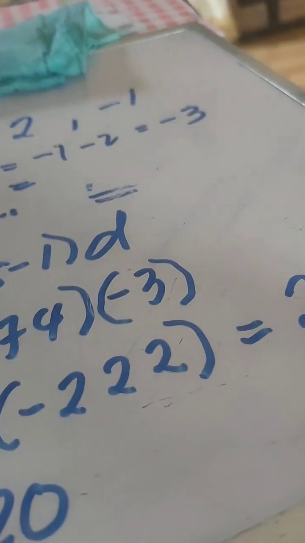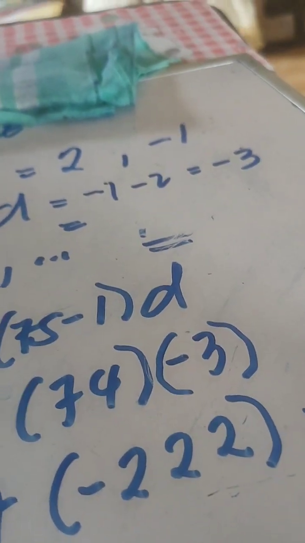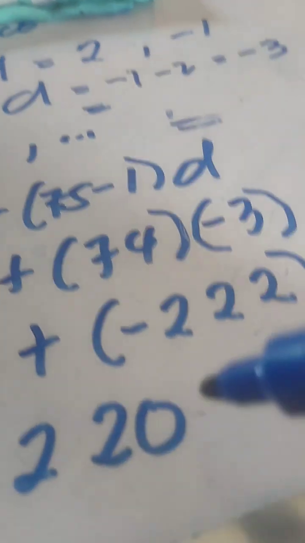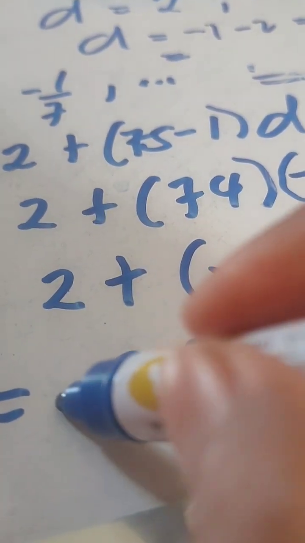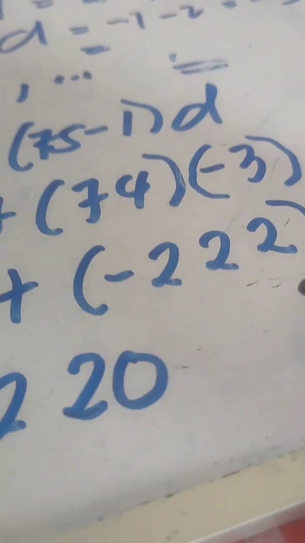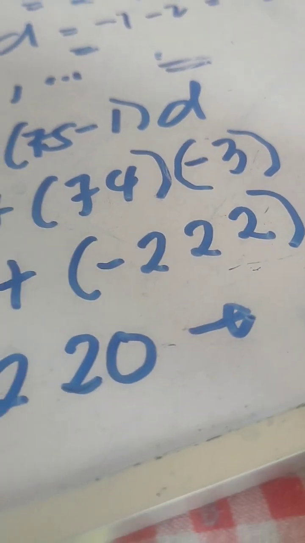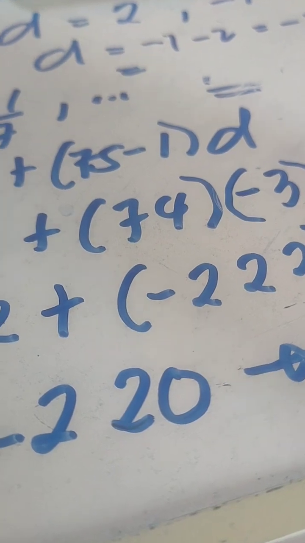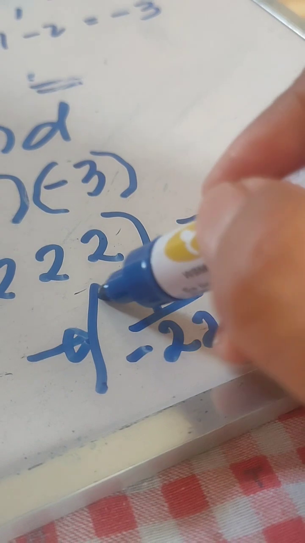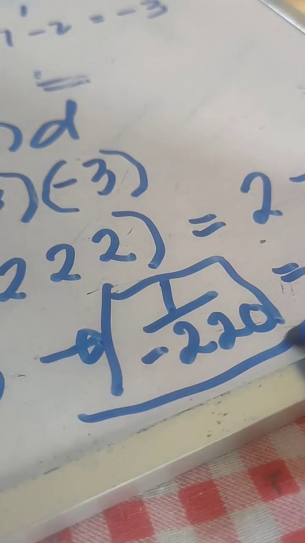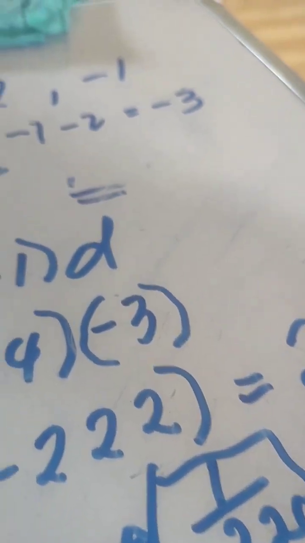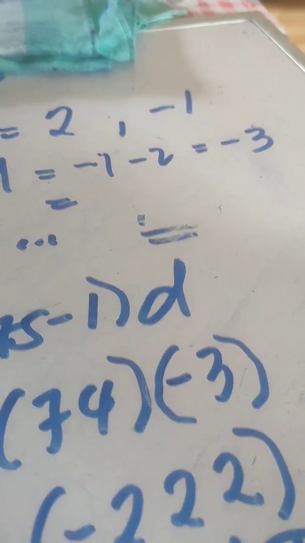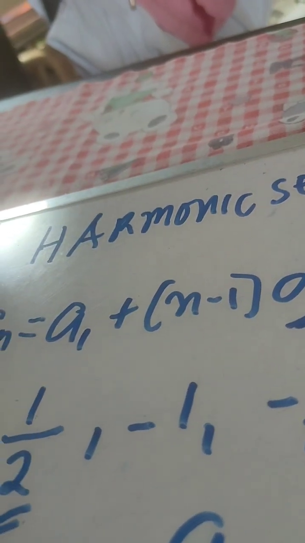To write the harmonic term, we get the reciprocal of -220, which is now 1 over -220. So this is now our answer as our 75th term in the harmonic sequence. Okay, that's for number 1.